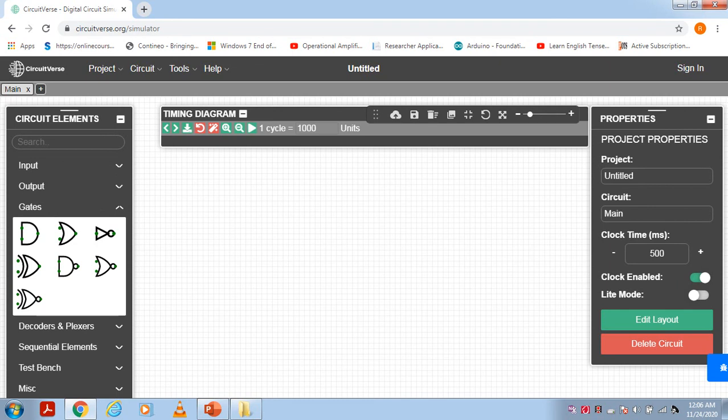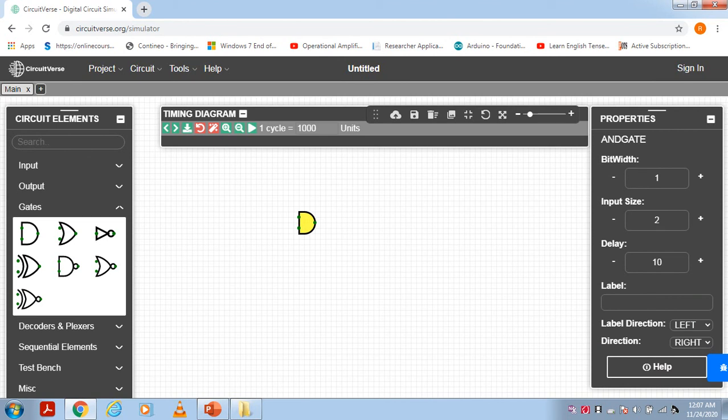For that, what components are required? One XOR gate and one AND gate. So just place the cursor here. It will tell you what the gate name is. This is OR gate. AND gate is required. Okay, so place the AND gate.